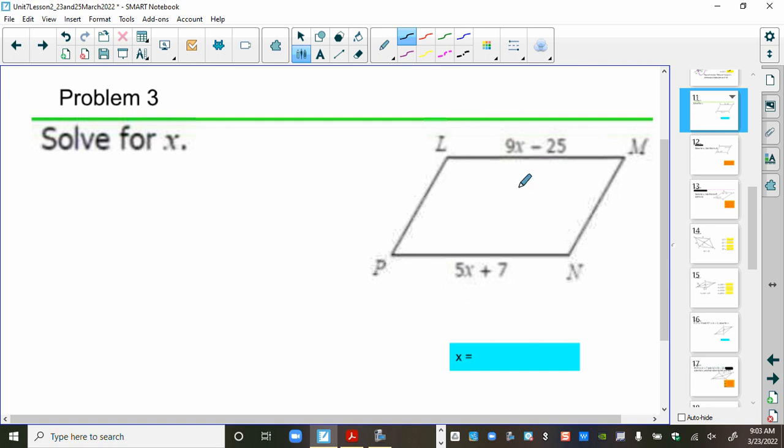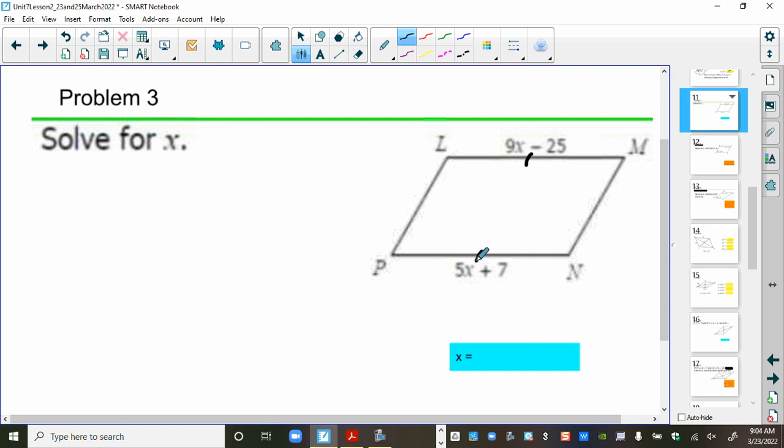Okay, what do we see with these two sides? They are opposite sides, begins with an O. That means they are congruent. Who can help her out? Opposite sides are congruent.